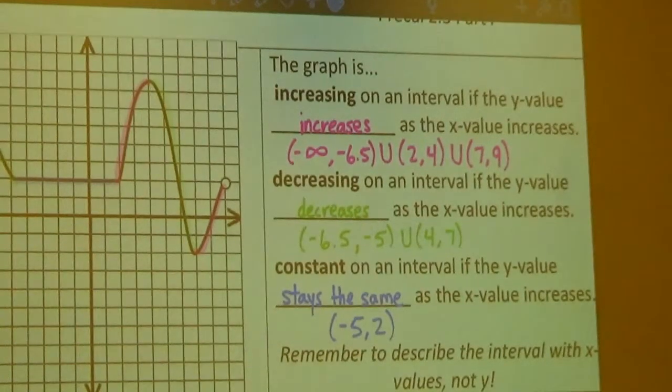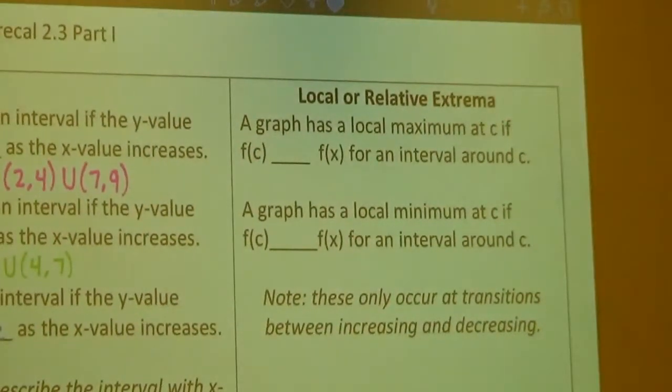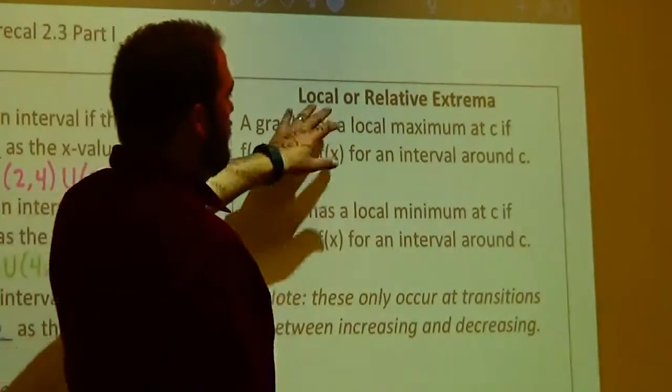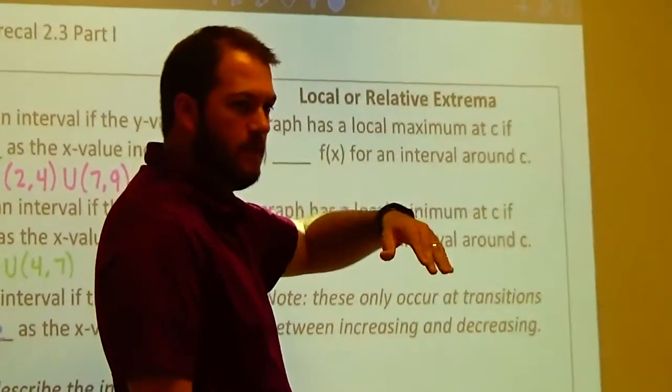Now, the local or relative extremum. Alright, so a local max or a local minimum. So local extremum, it's just the relative height or highest point and lowest point.